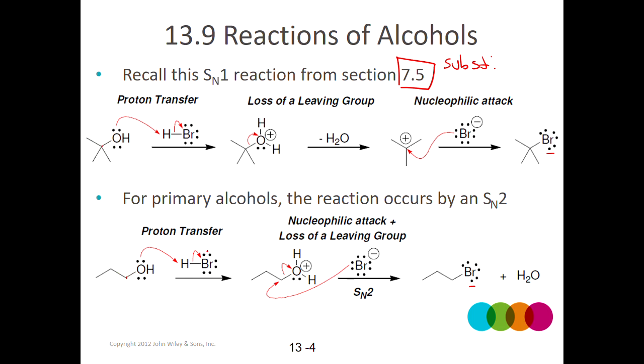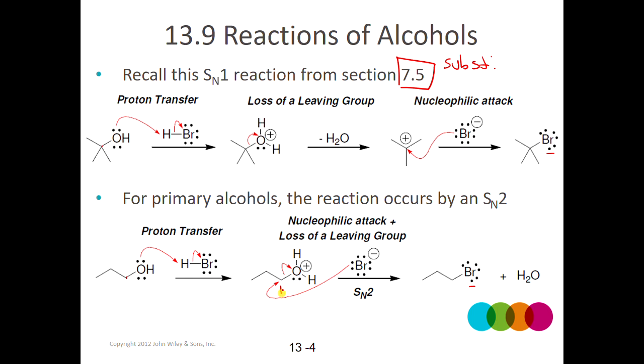HBr can do that. Although the mechanism may vary depending on the sterics of the carbon, right? So when we're using HBr in the presence of an alcohol, the oxygen of the alcohol will first pick up a proton from the very strong acid, HBr, and that will produce a Br minus, which is relatively stable, but also a decent nucleophile. So once the OH is protonated, it becomes a good leaving group.